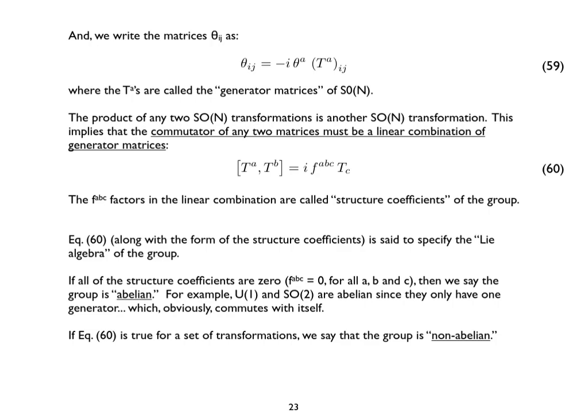It's just that when you get to more complicated theories, these structure coefficients, the F-ABCs, obviously get more complicated. We'll see a concrete example of that next semester when we talk about SU(3) or the strong force. Equation 60 is what you might hear called the Lie algebra of the group.